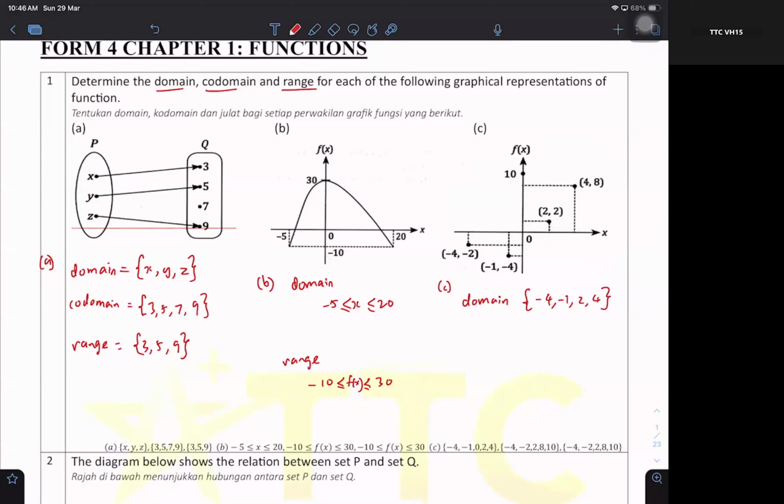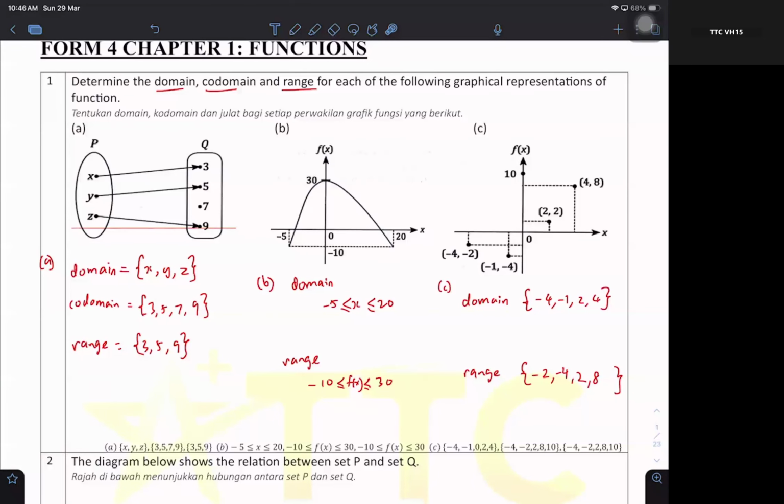Normally they won't ask codomain. Normally they ask range. Range is the y. Again, you have to put the special brackets. The y is -2, -4, 2, 8.